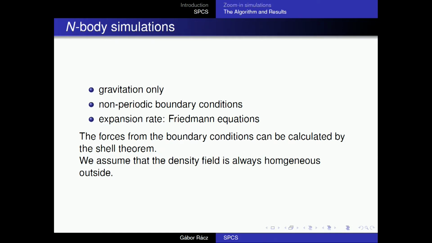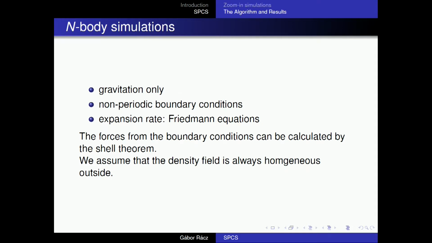We use only gravity, and we should use non-periodic boundary conditions, so we do not want to use the periodic boundary conditions, and the expansion rate is governed by the Friedmann equations. So we have spherical boundary conditions, and the forces for this can be calculated by Newton's shell theorem.